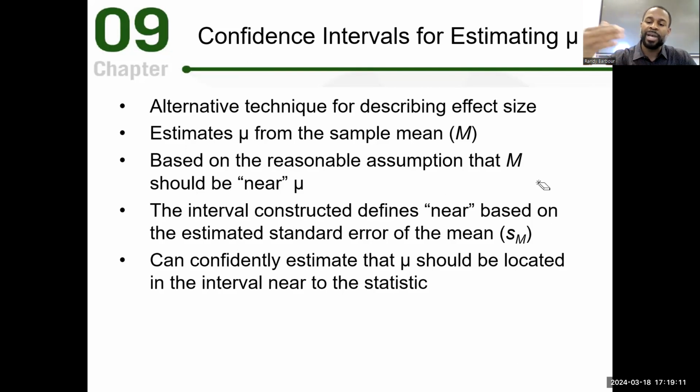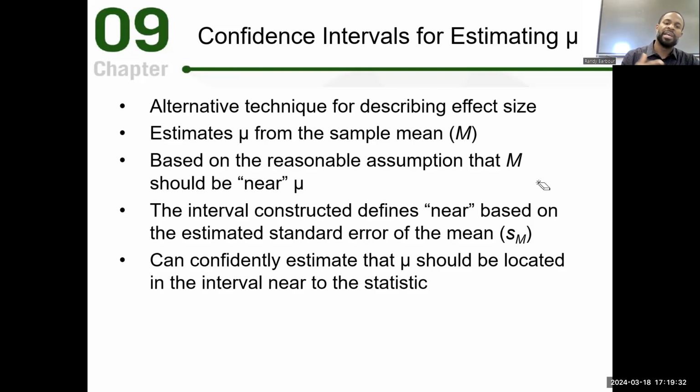So what we do is we identify an estimate of the population using our sample, right? And so with our sample mean, we're estimating our population mean, and we're estimating our population standard deviation with our sample standard deviation, or estimated standard error, right?